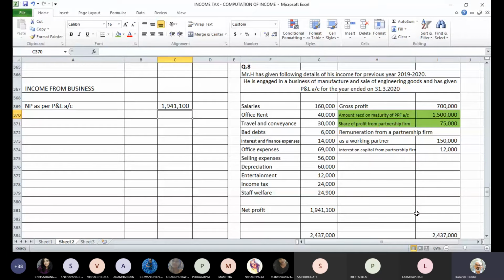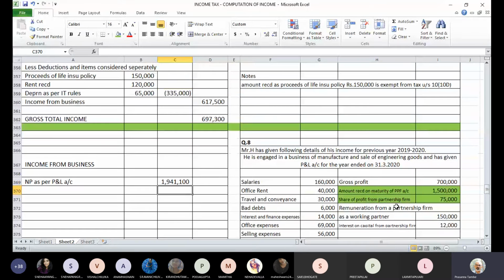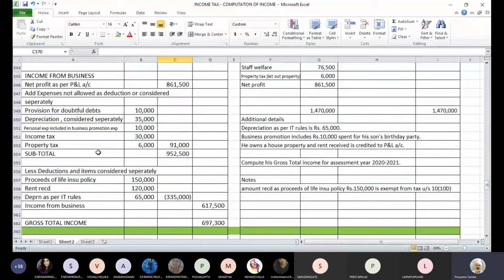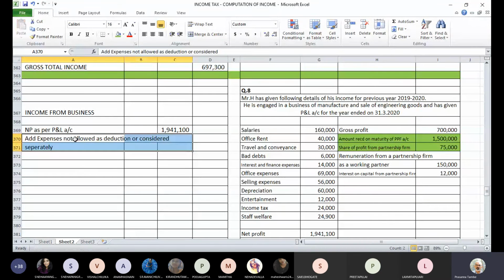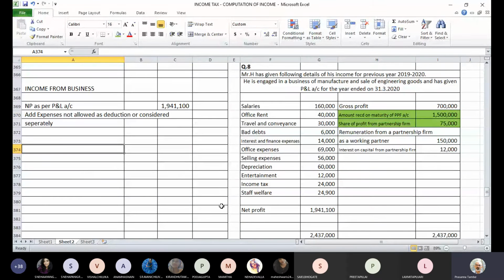Now same thing what we did earlier we have to do. We have to go through the debit side of P&L account and find out whether there are any disallowances as such. So same heading, add expenses not allowed as deduction or considered separately. It will be the same heading that we will be using here.